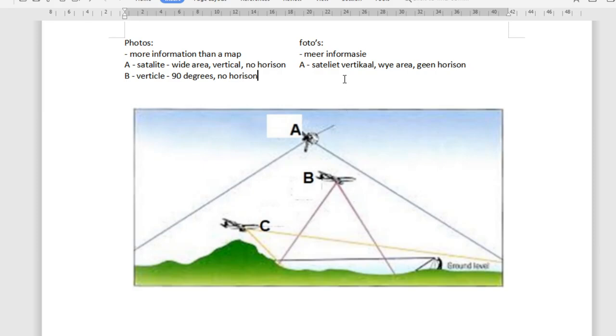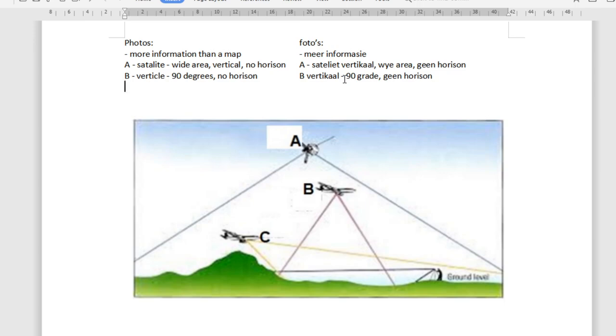Okay, then verticaal, so dis 90 grade en ons sien nie die horizon nie. Okay, and then C is an oblique. Let's see if I can spell oblique. Yeah, it's an oblique photo, so it's taken at an angle. And because it's taken on an angle, we can usually see the horizon.